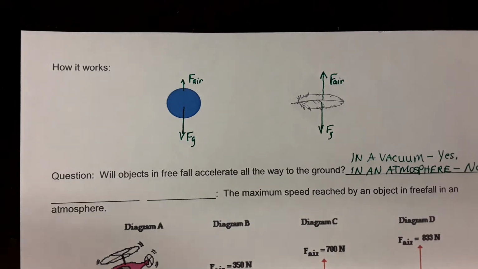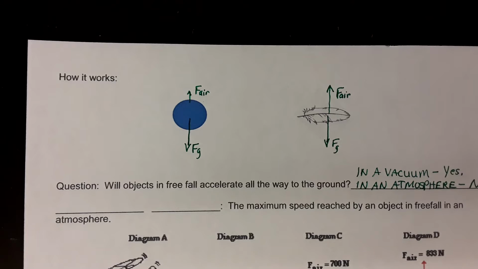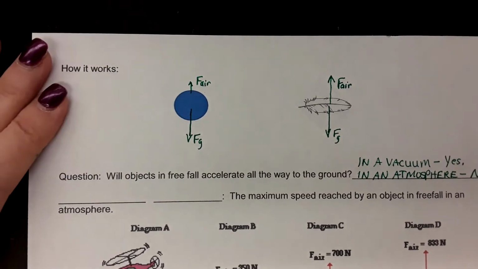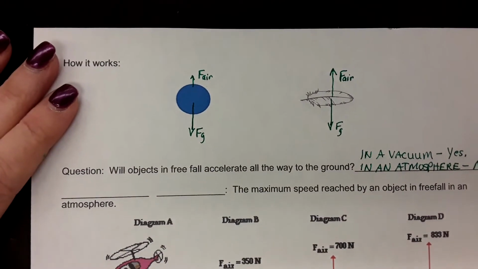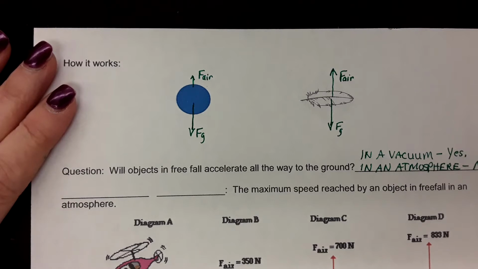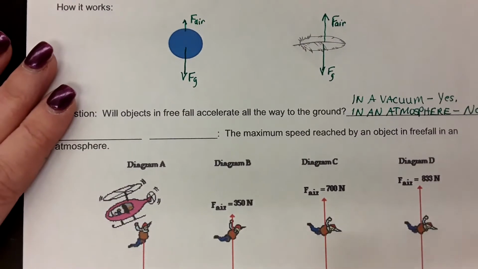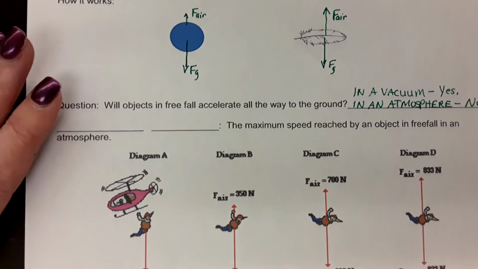Well, let's take a look at it. When an object is accelerating through an atmosphere, the air resistance gets bigger and bigger as the object falls faster and faster. Remember, we said air resistance increases with increased speed. All right, well, at some point, the air resistance, as it increases, look at this guy jumping from a helicopter.